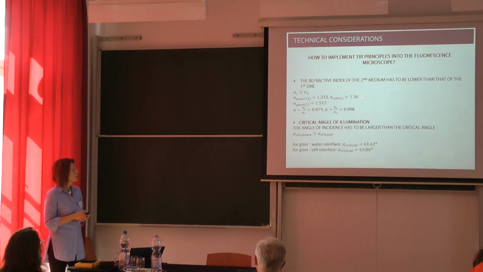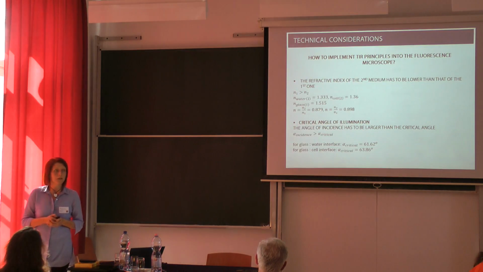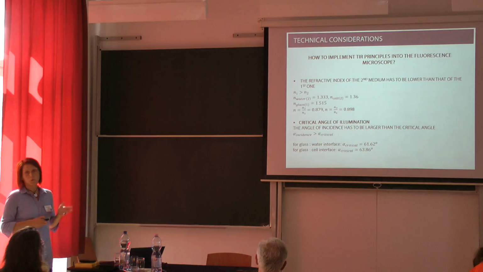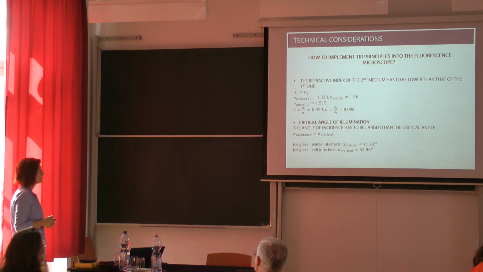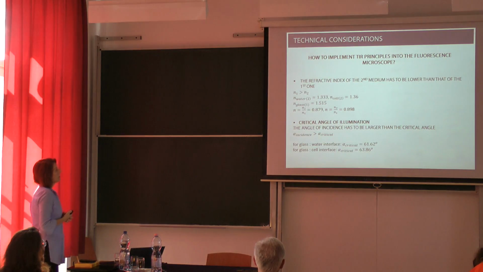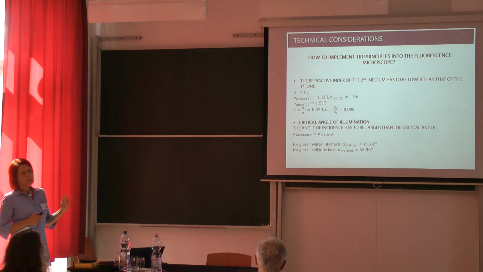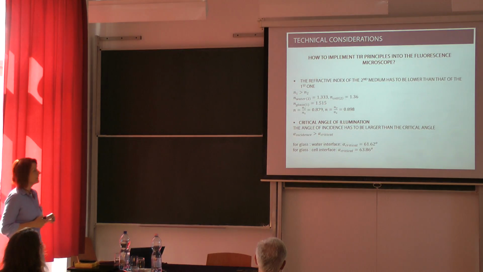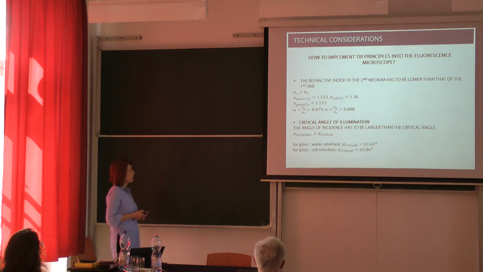Usually this condition is fulfilled, because in general we can consider the refractive index of the cell to be 1.36 and the refractive index of the glass or the oil to be 1.515. The most important condition, and technically more challenging than the first, is to be sure that the angle of incidence is in the supercritical regime, higher than the critical angle required for total internal reflection to occur.